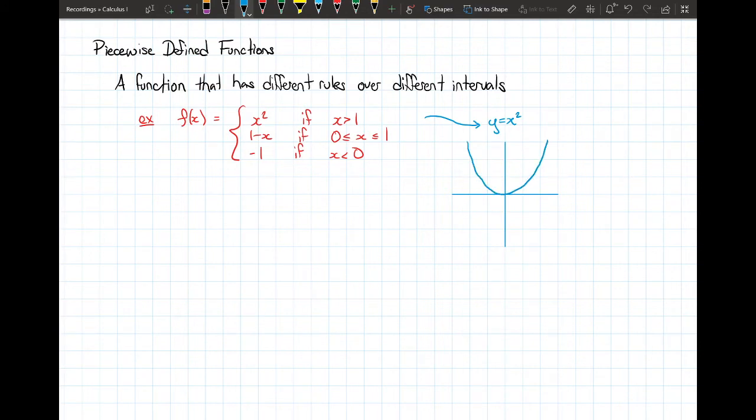And a few points on that parabola that you can try out for yourself with the table values: 0, 0, 1, 1, 2, 4, and a few others.